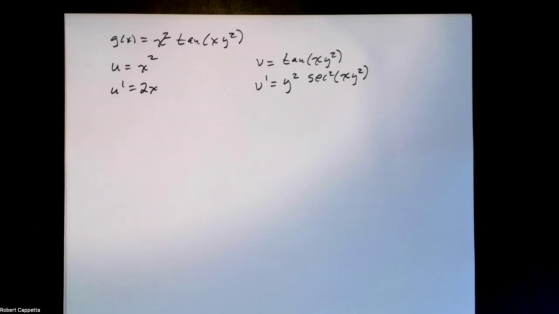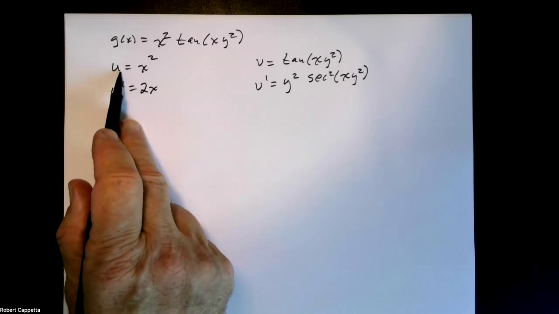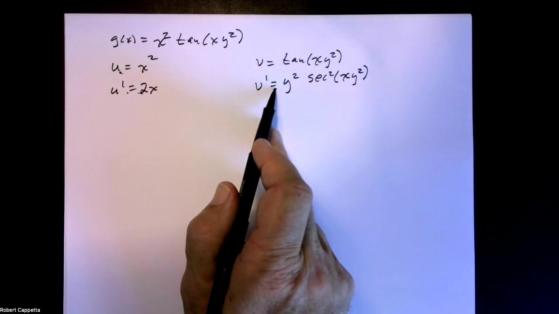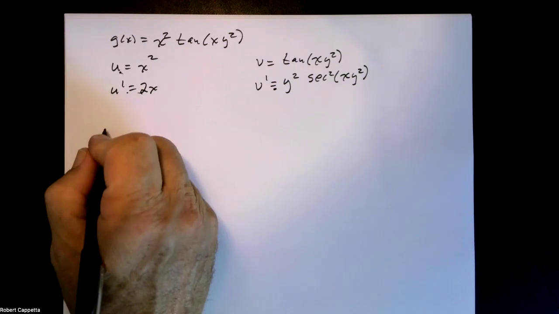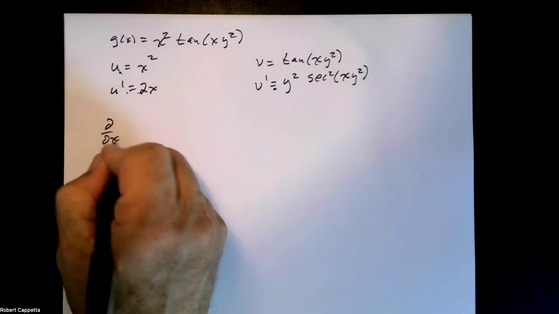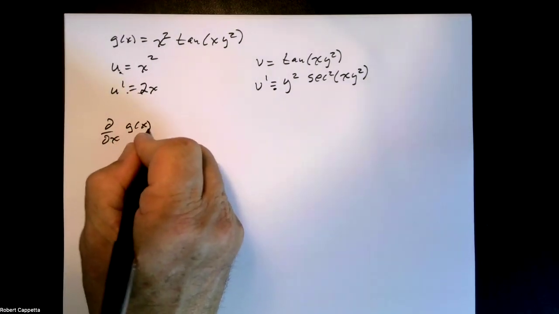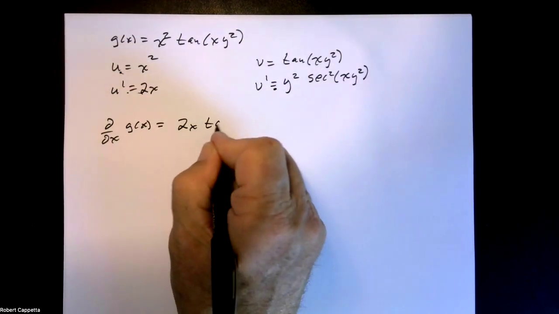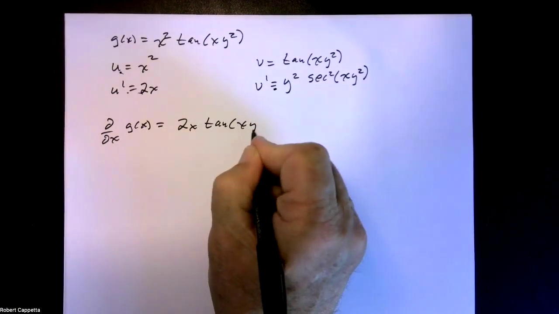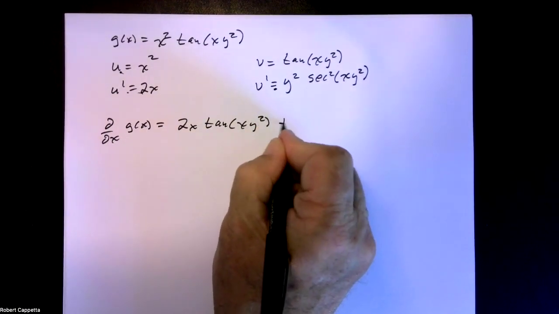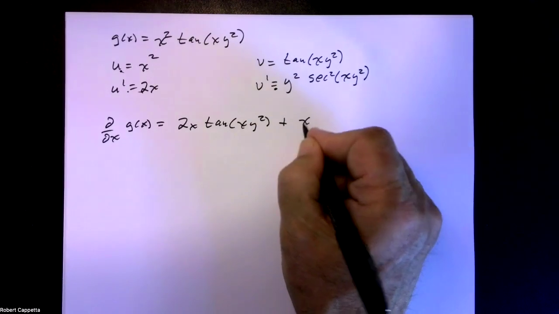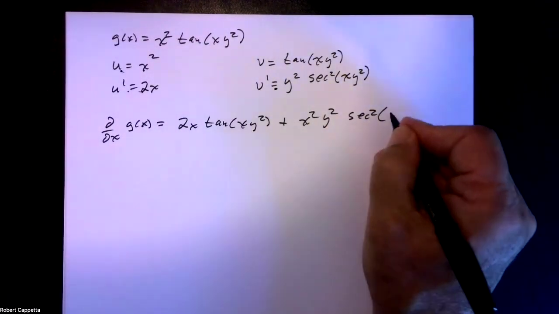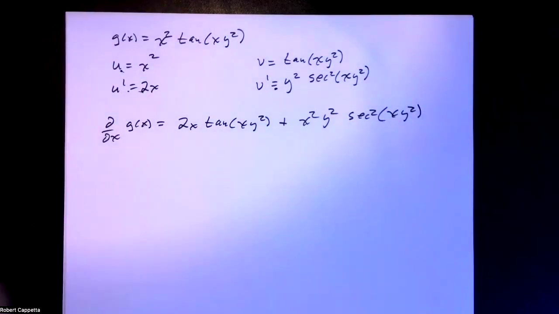And remember, the partial with respect to x of u is u prime, and v prime is the partial with respect to x of v. But if that's the case, then the partial with respect to x of g of x is u prime v, 2x times the tangent of xy squared, plus uv prime, plus x squared times y squared times secant squared of xy squared.